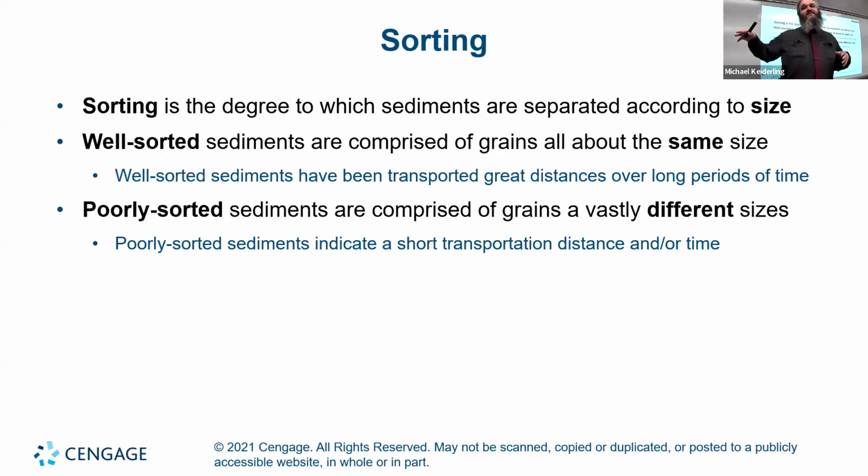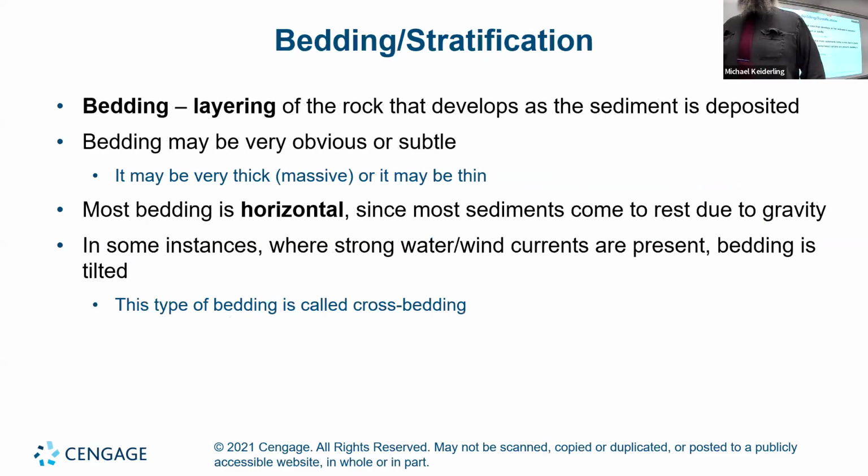The larger particles are deposited by the faster moving water, and then as the water slows down, you get deposits of lighter and lighter sediments. If they haven't traveled very far, you'll get poorly sorted sediments comprised of grains of vastly different sizes. This indicates it hasn't been transported very far or very long, because the processes that sort the grains haven't gone on for very long.